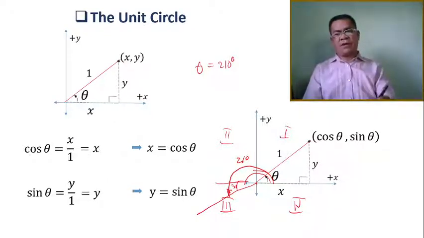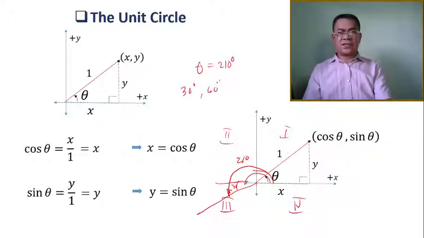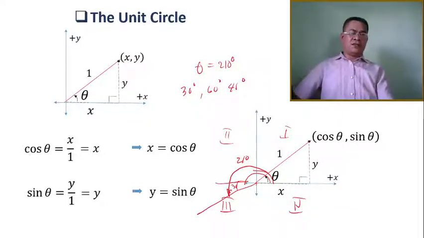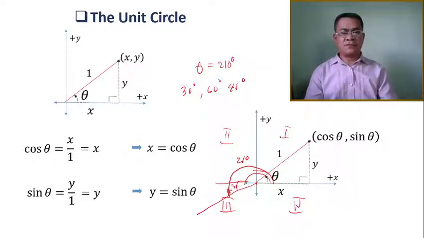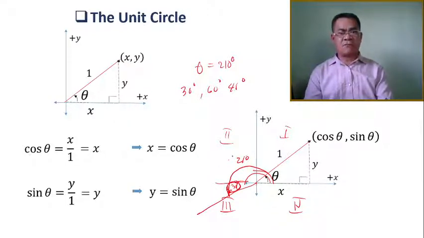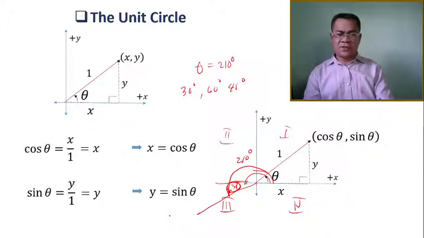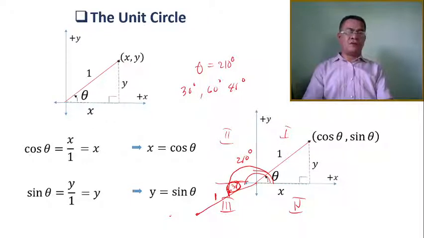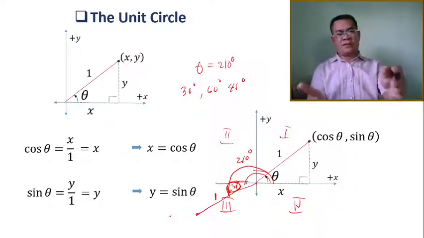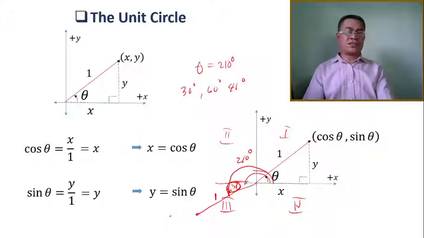If our reference angle is 30, 60, or 45 degrees, then we can always provide the exact values of the six trigonometric functions of that angle. Why? Because the reference angle is 30 degrees for the angle of 210, the hypotenuse can automatically be assigned as 1 unit, because this is a special angle.